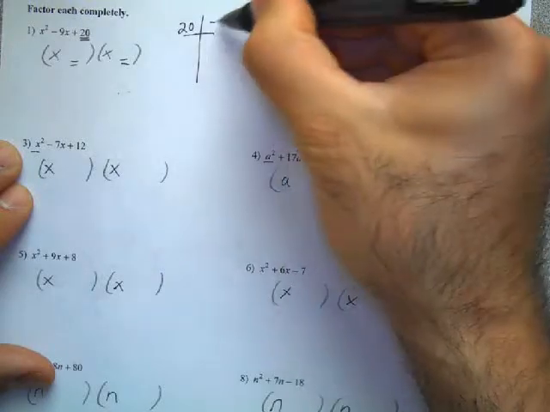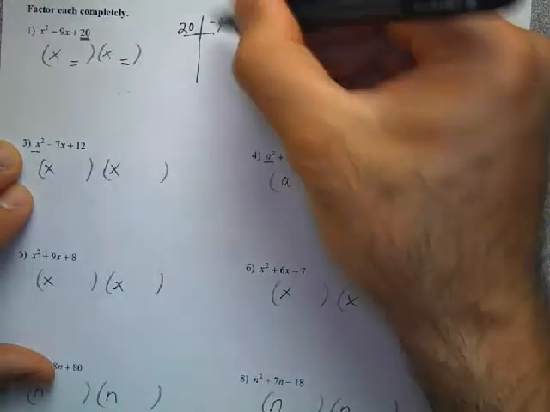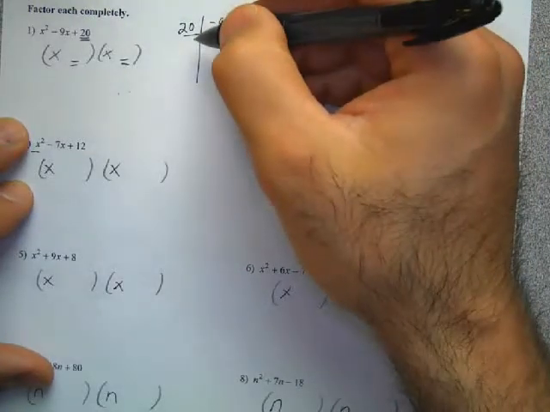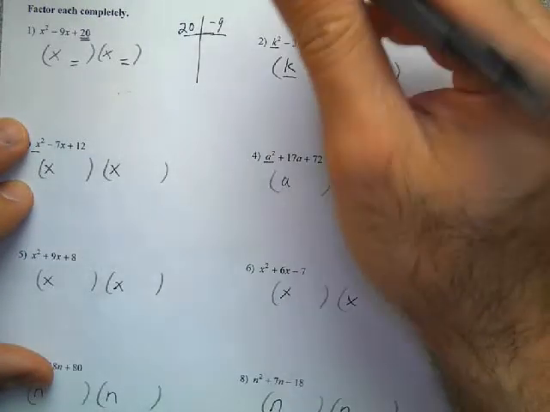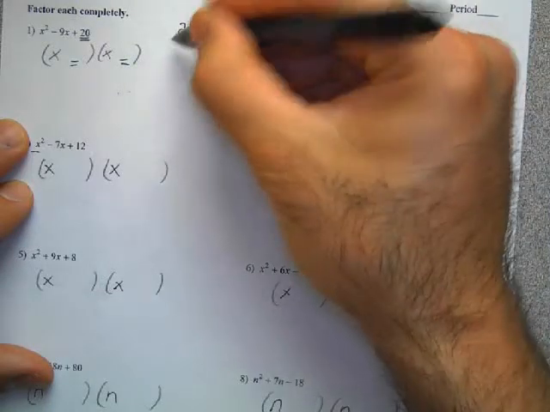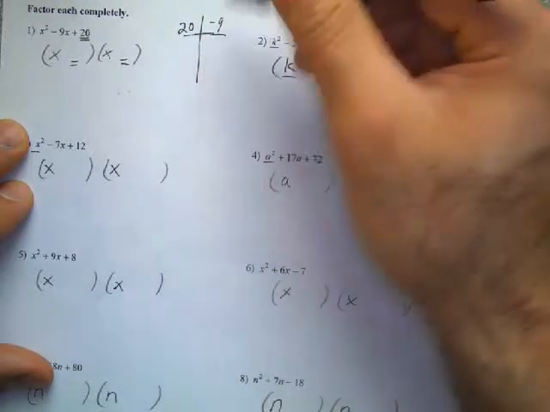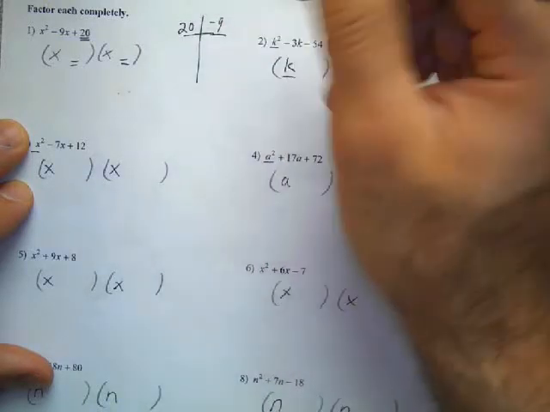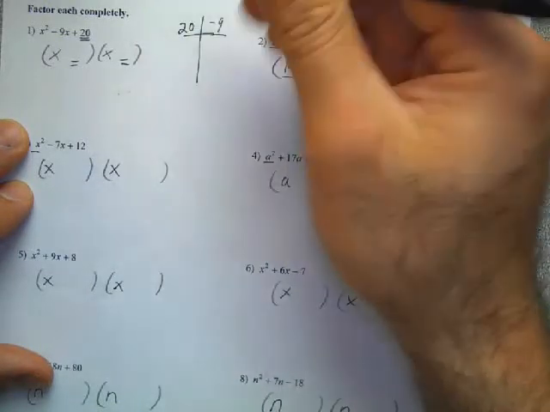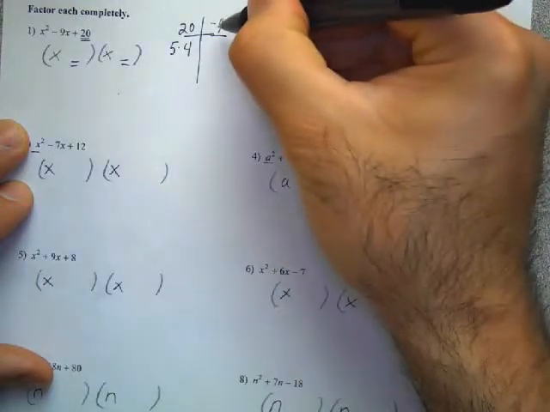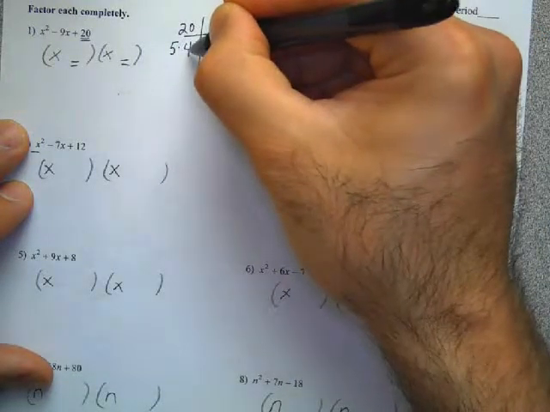So here I got my little table to show that, and I can start going through some factor pairs. Now we can start off with 1 and 20, but when I add that up, that'll be way too far away from 9 to work. So I can think of some others, 5 and 4, but I need a -9.